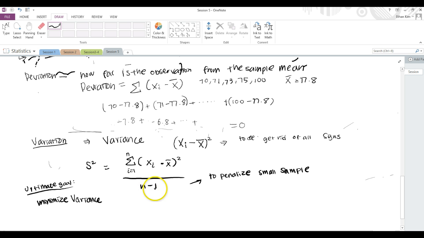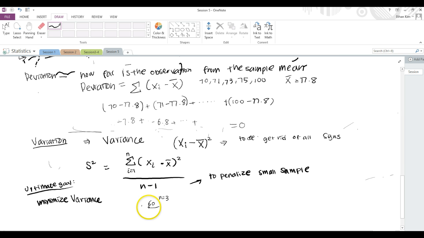And if you look at the minus 1 part, let's make it a nicer number. Say we have 3 observations, and on the top, say we have a really big number, 60.